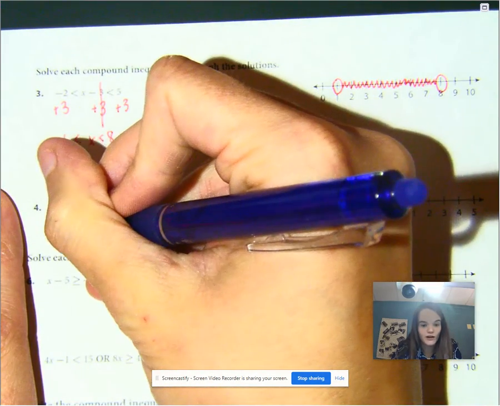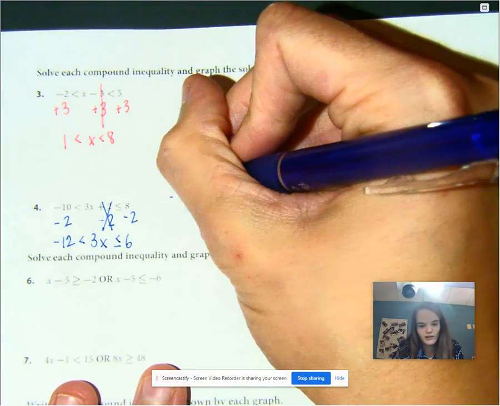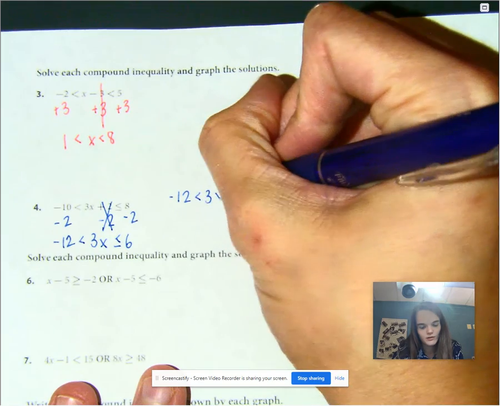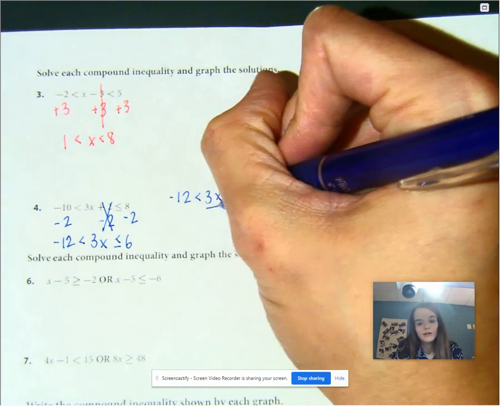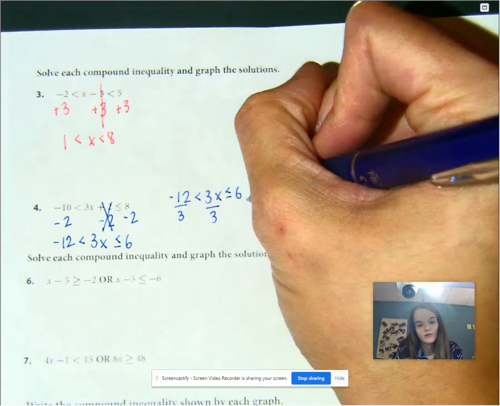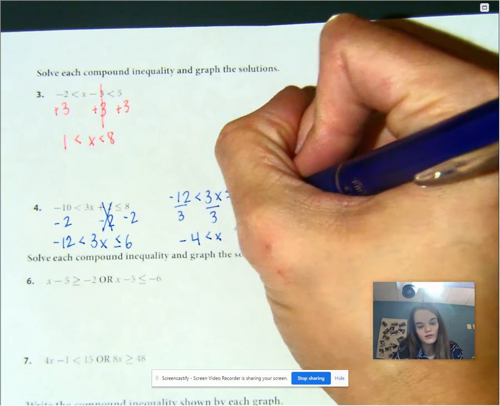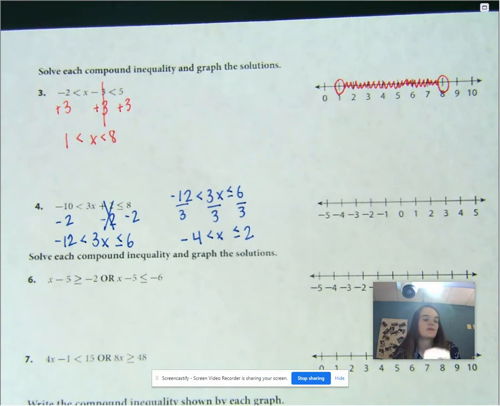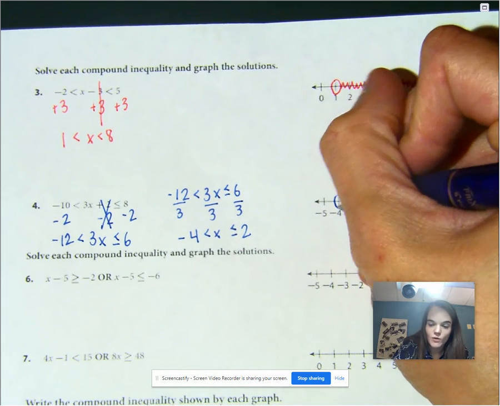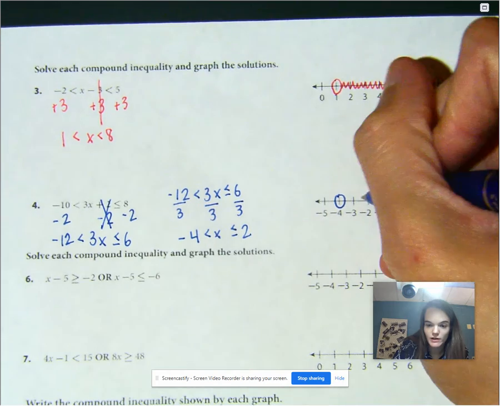Don't forget to add things like I just did. 6. Okay, I'm going to write this down again because I ran out of room. And I'm going to divide by 3 everywhere. Negative 4, less than x, less than or equal to 2. Okay. Open circle on negative 4, close circle on 2, and shade in between.